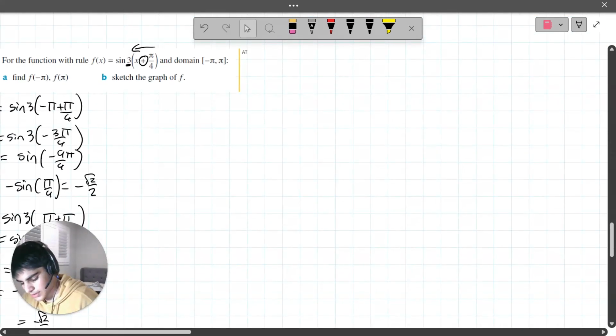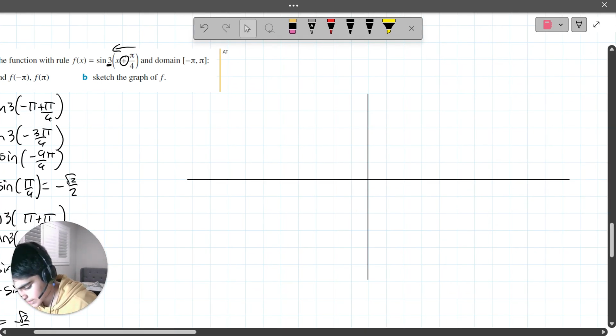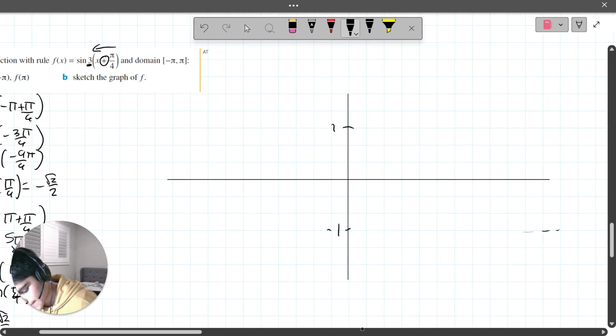Let's sketch this up. Amplitude is 1. Let me just write this here: 1, negative 1. Let's draw a dotted line.